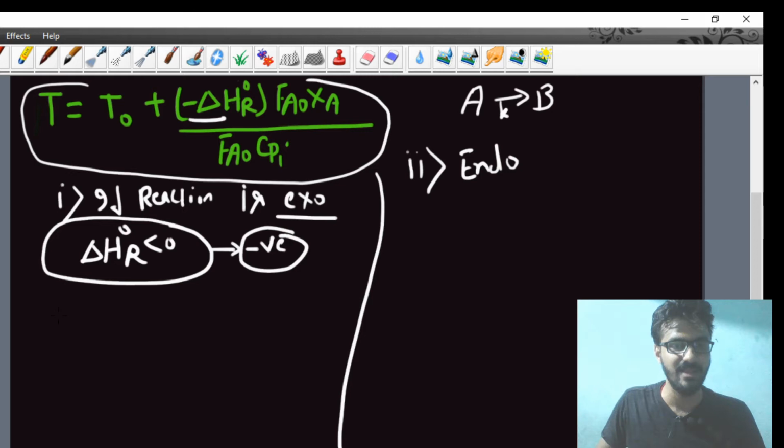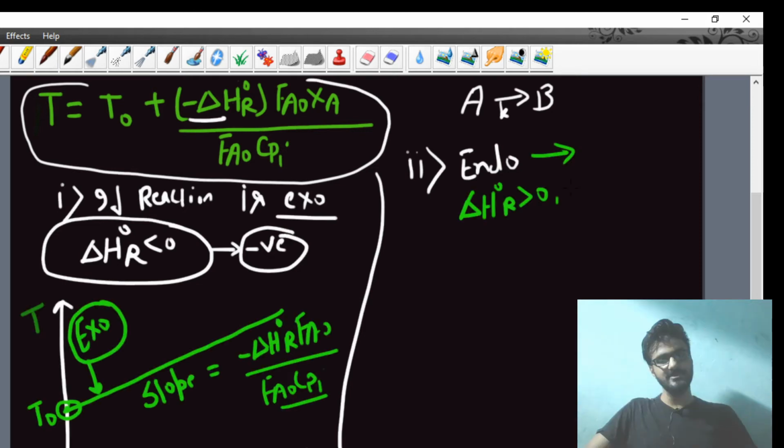Now, if the reaction is endothermic, what will happen? Delta H0 of reaction will be greater than or equal to 0, that means positive. So here minus and plus will be equal to minus, and the graph will vary in another way. If you draw the graph of outlet temperature versus conversion, you will get a straight line for an adiabatic reactor.